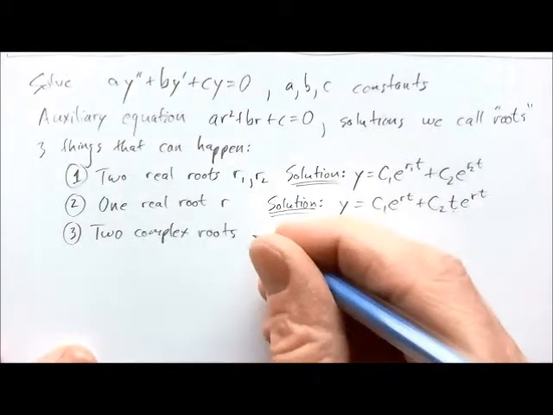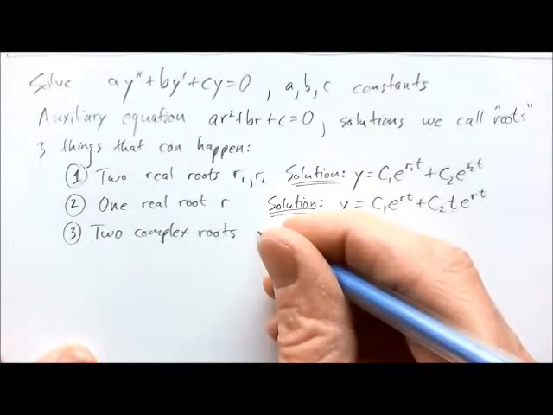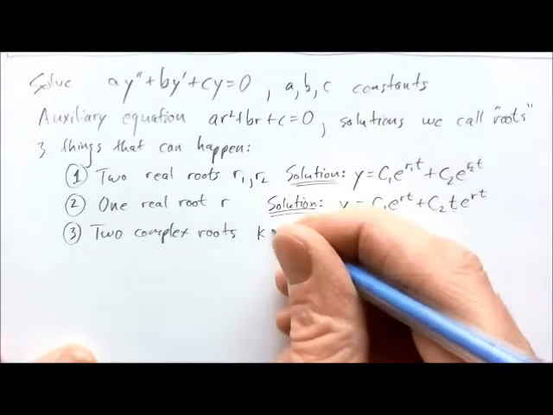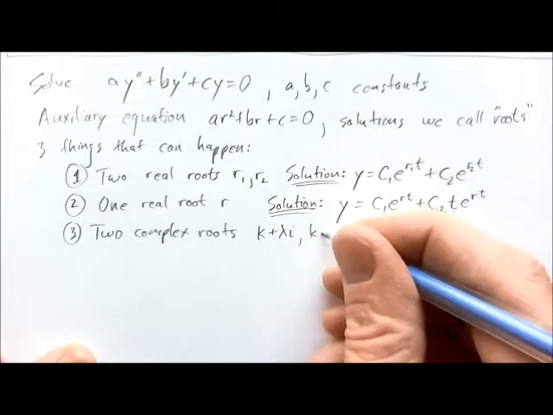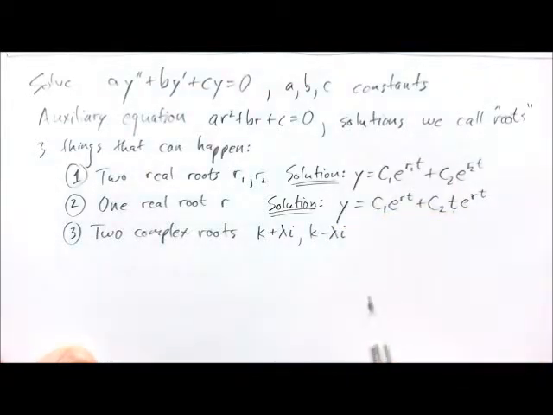So if we have our two complex roots, which I'm going to call k plus lambda i and k minus lambda i, these are complex numbers. They have a real part and a complex part. And notice if we have two complex roots, they're going to be complex conjugates of each other.